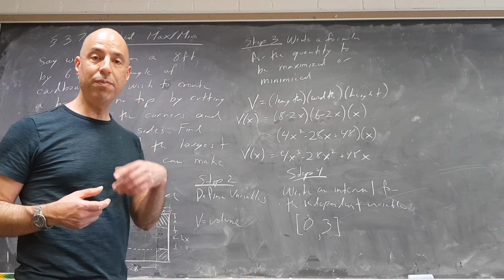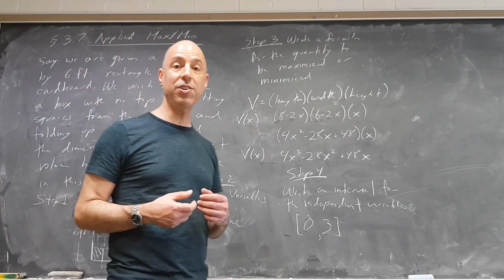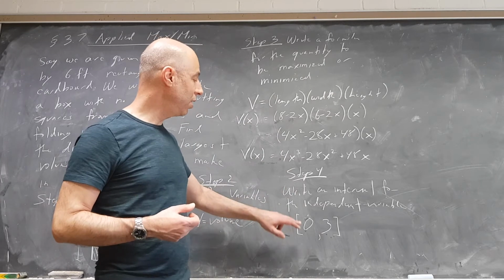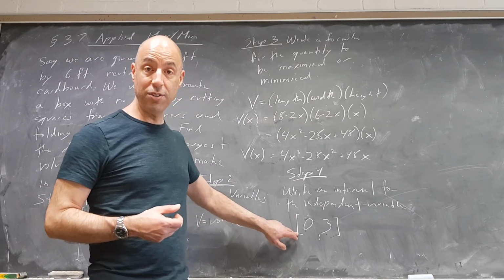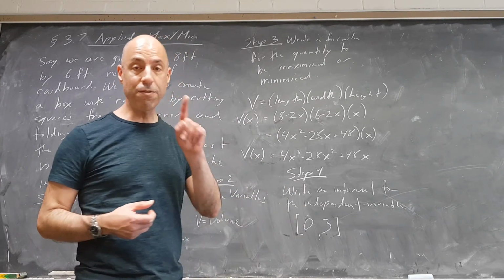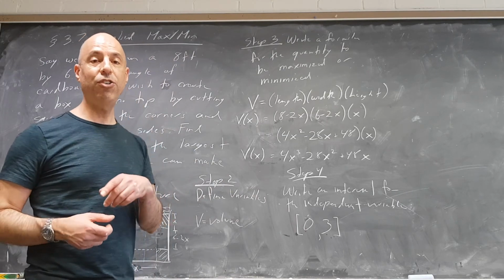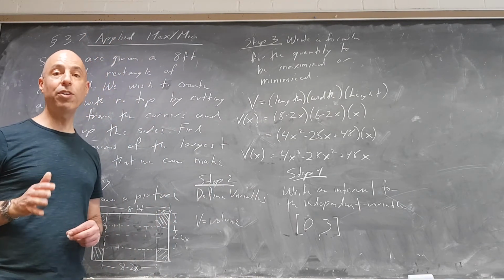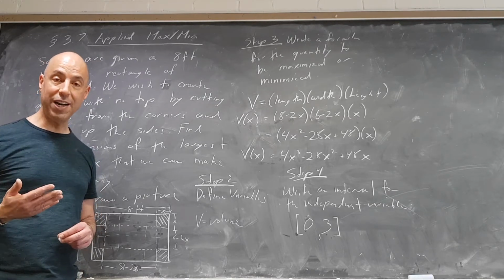We have a theorem, which we studied much earlier in the course, called the extreme value theorem, where if you have a continuous function on a closed and bounded interval, you know for sure that function has a maximum and that function has a minimum. And we also have a technique for finding it.